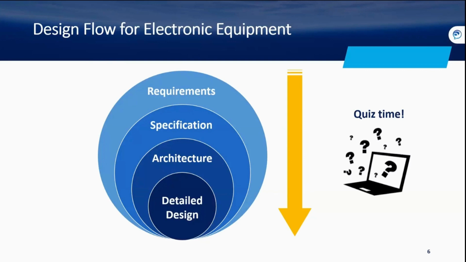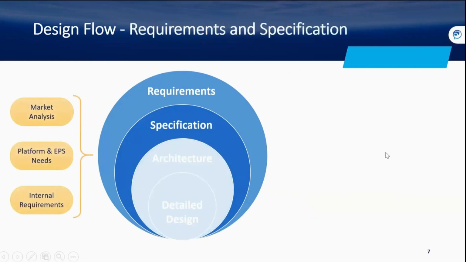And yeah, we can already start with the very first phase. Okay, so the very first phases are requirements and specification phases, and this stage is structured around three main principles.